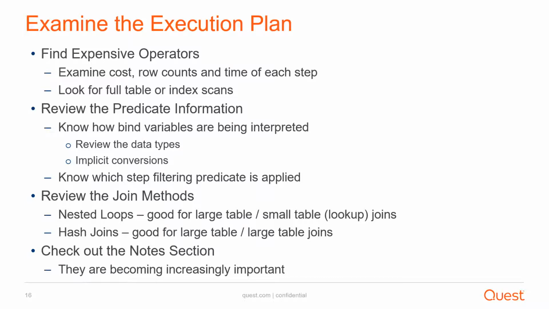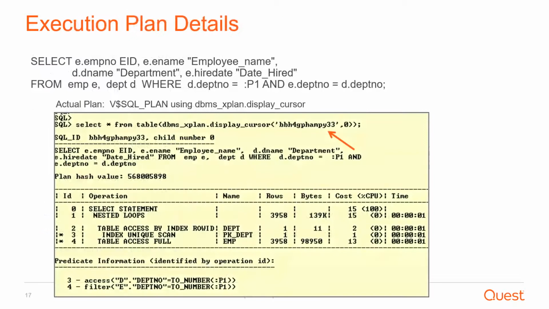And then finally, now in 12c and above, the notes section is becoming increasingly important because it's showing you what is supporting that plan, what features the optimizer is using to support that plan. Now here's just a real simple query.